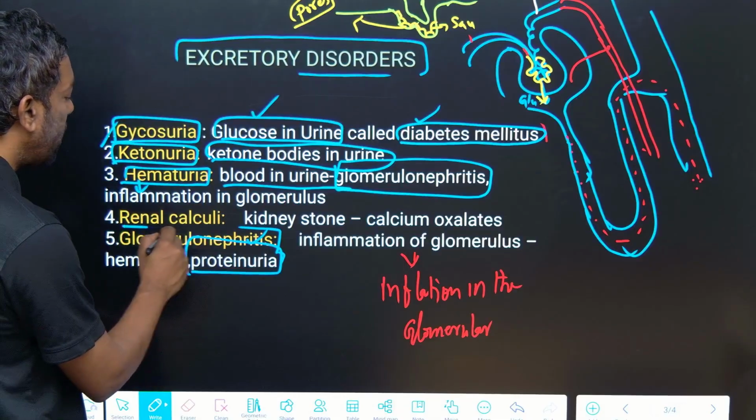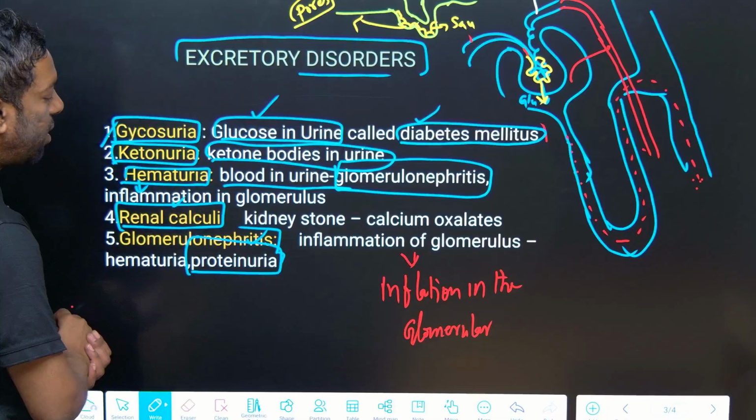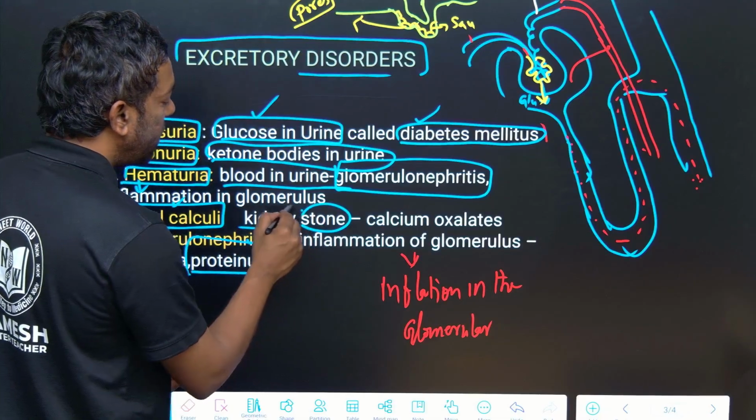Okay. Renal calculi means there is a stone in the kidney.